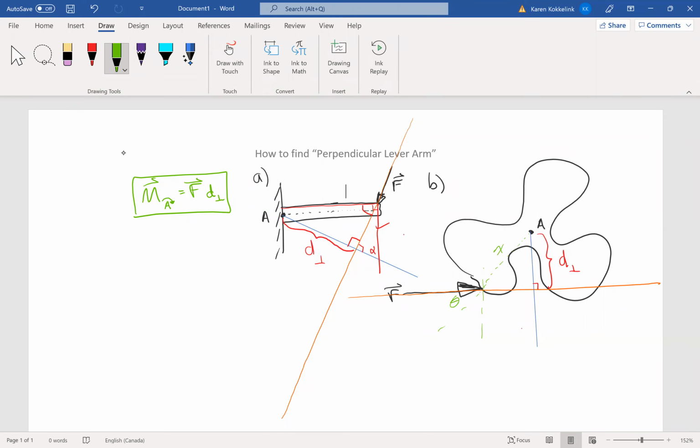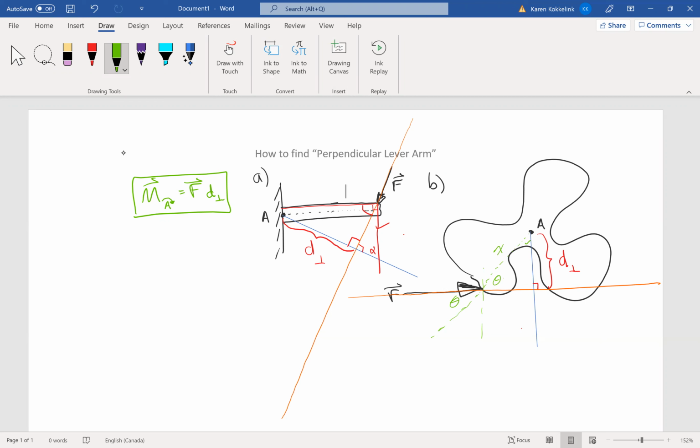So now you have a hypotenuse and you have an angle, because that would be the same angle there, just because of geometry. This angle would be the same as this angle here, which means that you would know this angle, and this angle is 90. So you can use Pythagorean's theorem to figure out what d perpendicular is in that case.